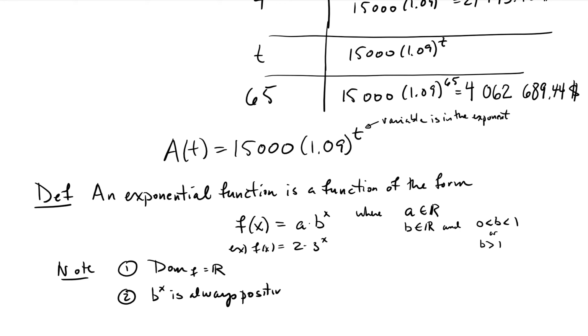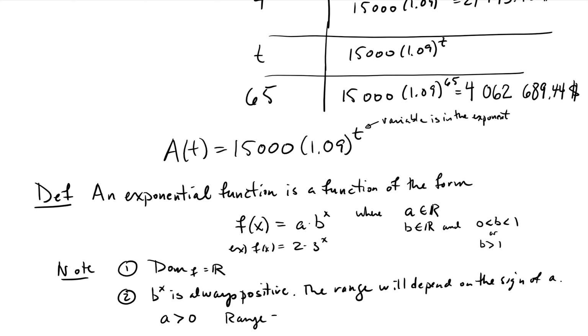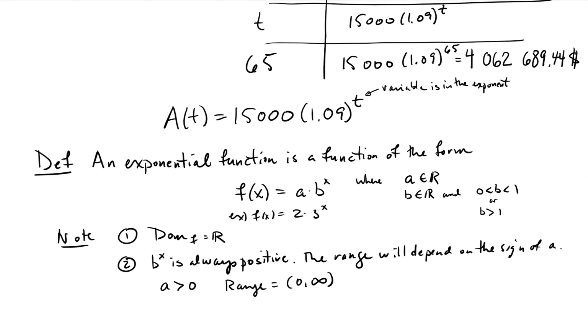So the range will depend on the sign of a. If a is positive, the range is going to be everything above 0. If a is negative, it's going to be everything below 0.